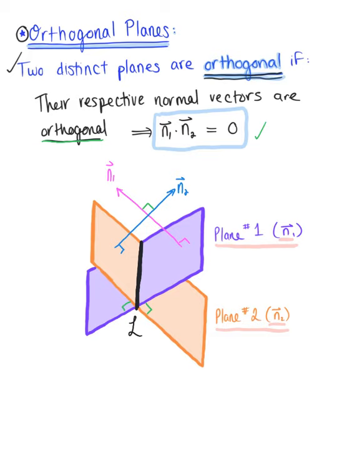So as we say, we could have parallel planes, we could have orthogonal planes, or we could just have planes that intersect each other, not necessarily at a 90-degree angle. So this L is our next point of interest. This is the line of intersection between two planes. So keep this illustration in mind as we proceed. And let's go ahead now and look at some examples.